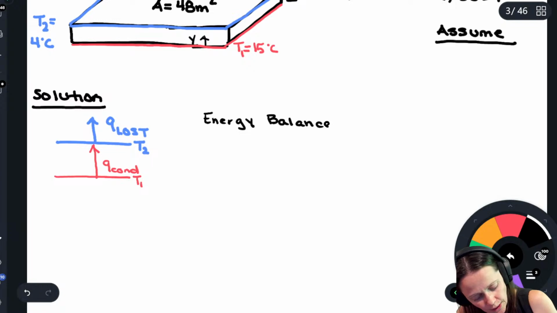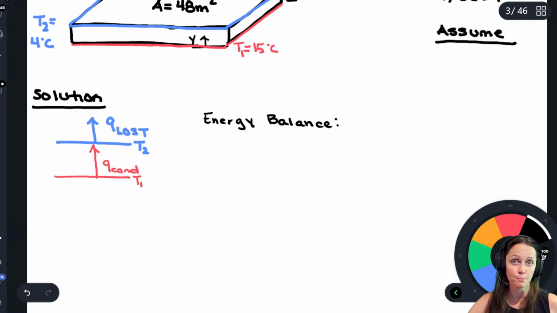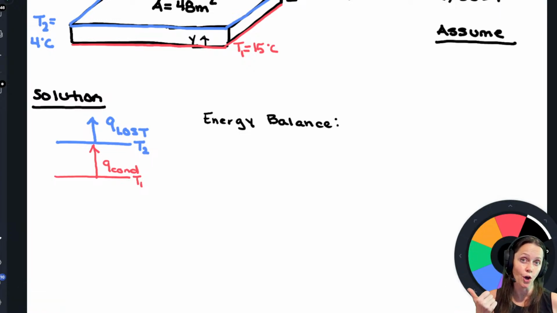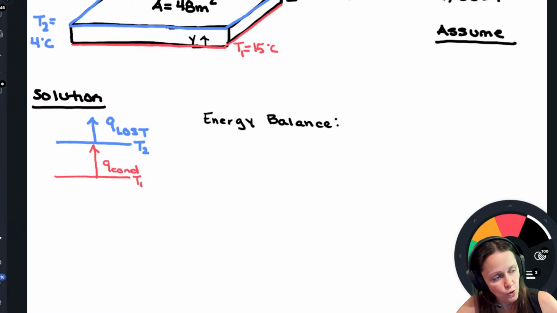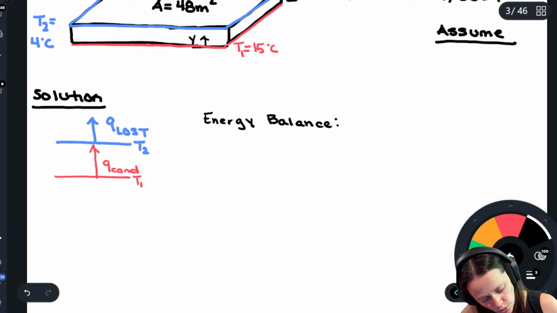So we're going to do energy balances on both control volumes and on control surfaces. So it's the control surface that we're going to use right now, but let's look at the control volume just for a hot second.